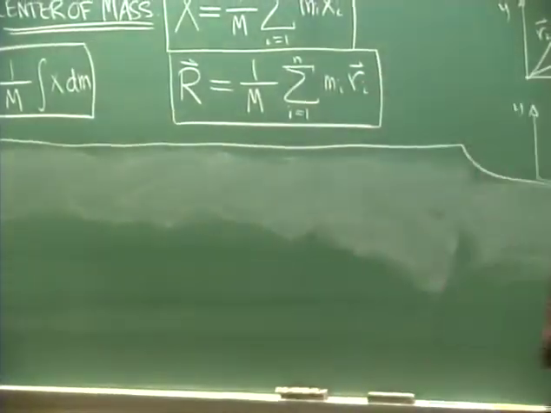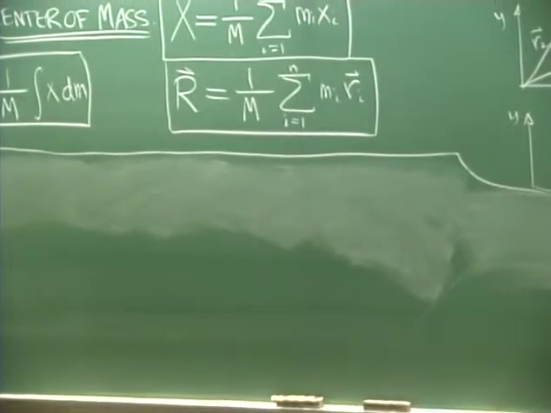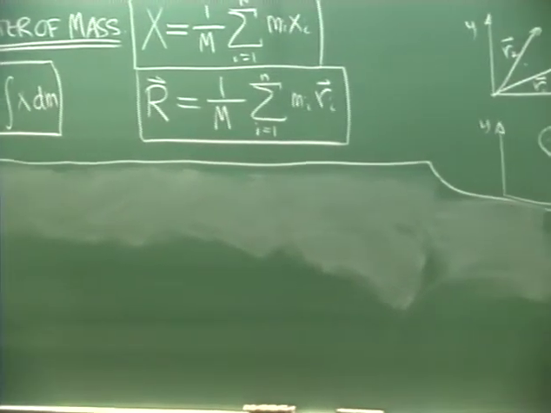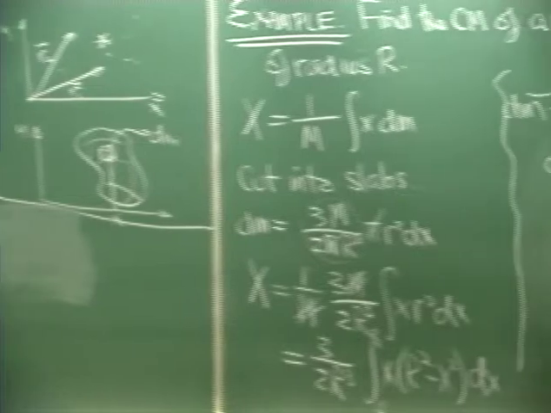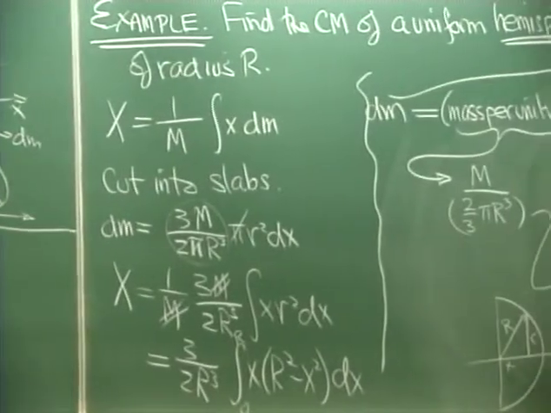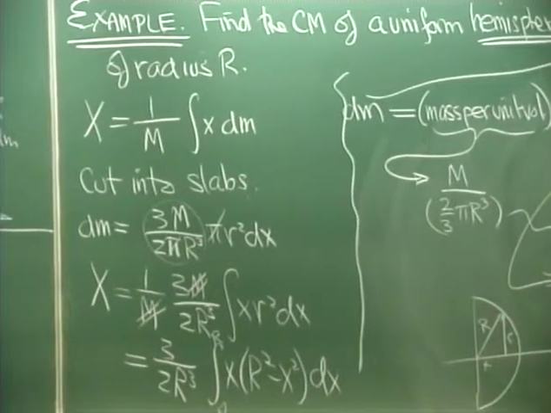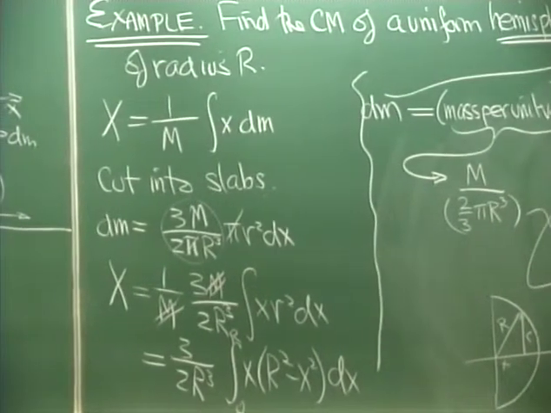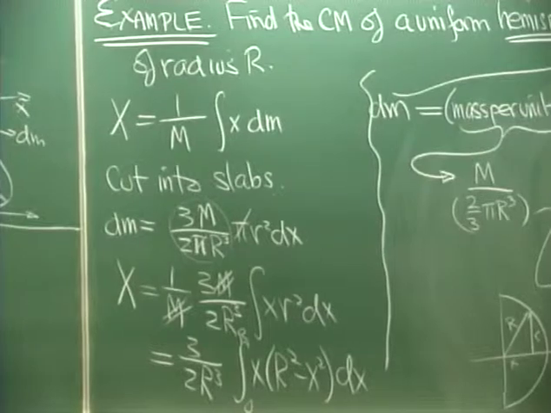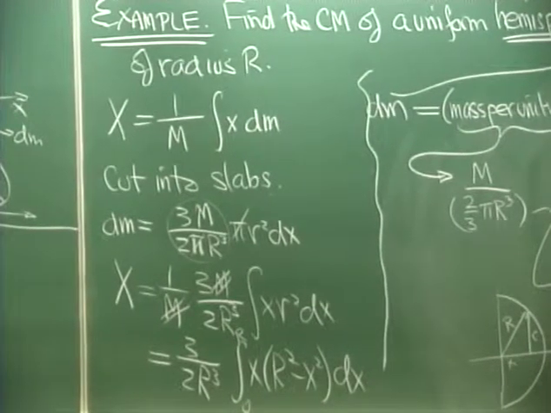You get to do a problem that in a way seems like it's simpler, a semicircular plate. This is just a two-dimensional problem, not the full sphere, but you take a dinner plate and slice it down the center, so you only got half of it. Where is the center of mass of that thing?